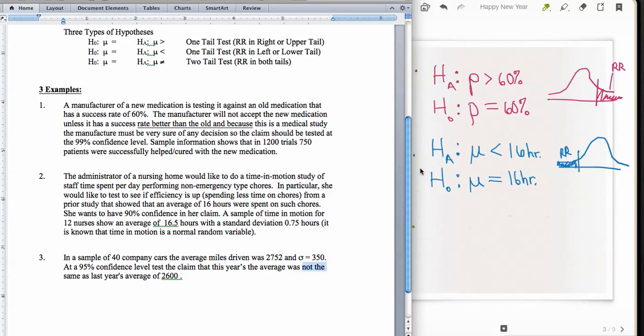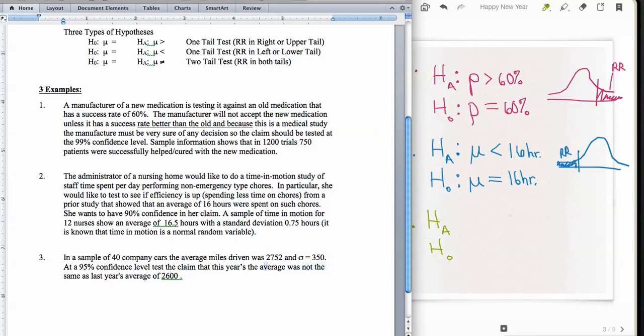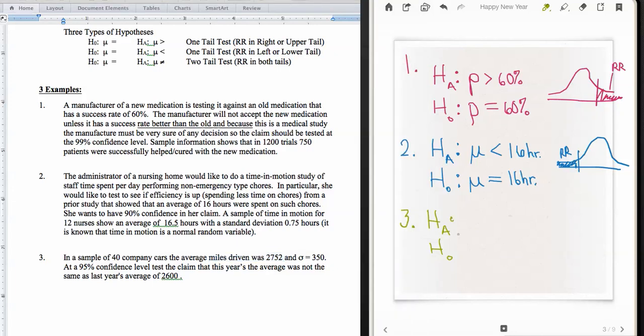So first of all, when we're doing these hypotheses, what we need to decide on is, first of all, what is the population parameter that we're looking at? This word average, plus the fact that miles driven is a quantitative piece of data, tells me that these are means. So I'm going to put in means.